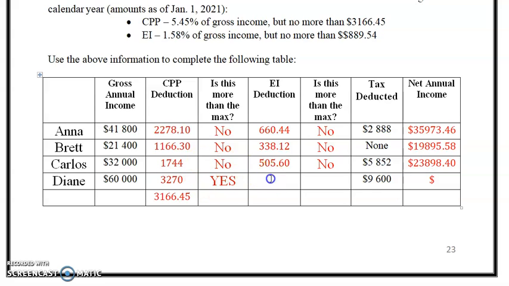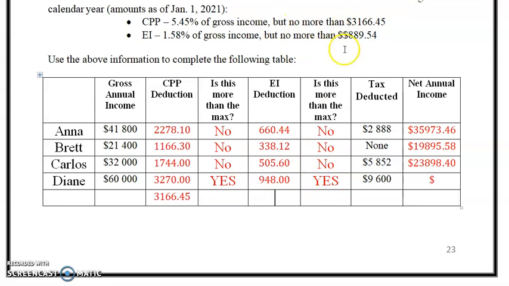Okay. So let's look at the EI amount. Probably the same thing will happen, and yes, it does. This becomes 948. 948. So we can't take any more off than that. All right. So yes, this is more than the max.